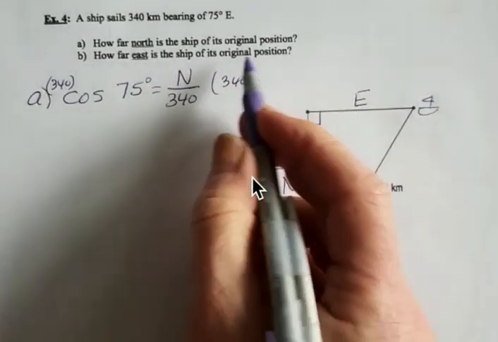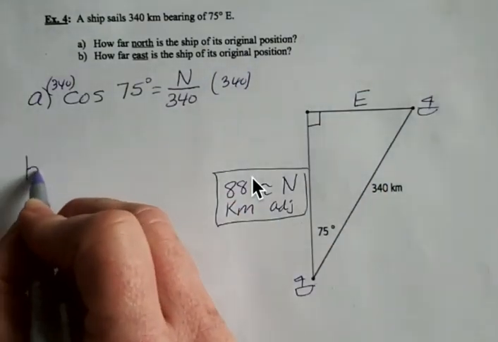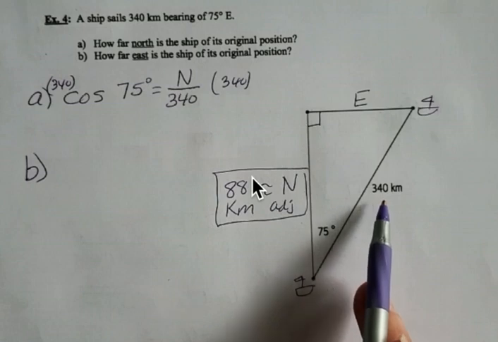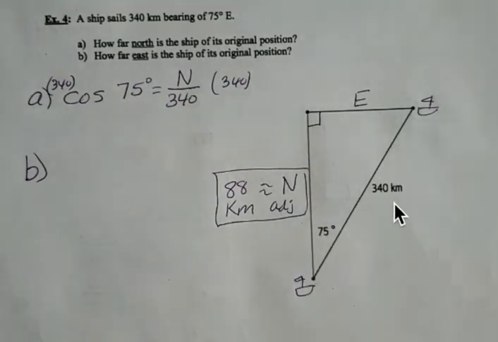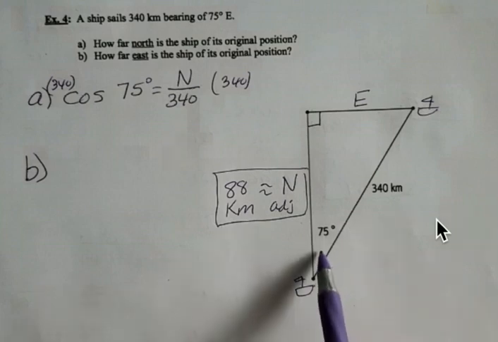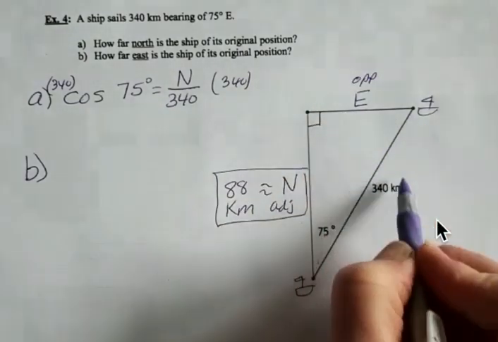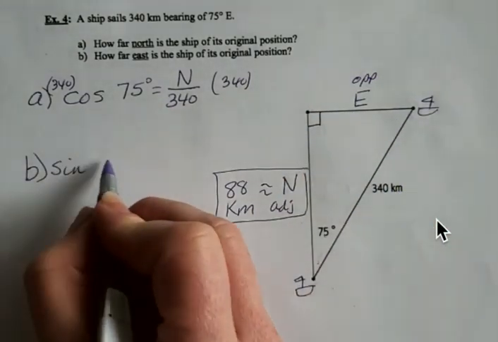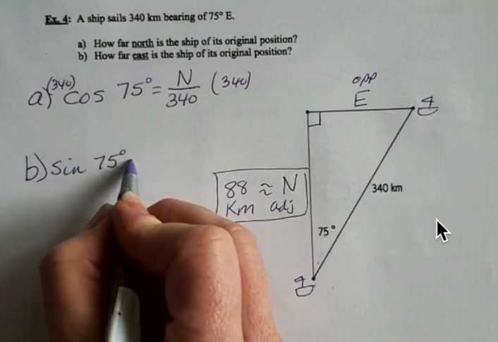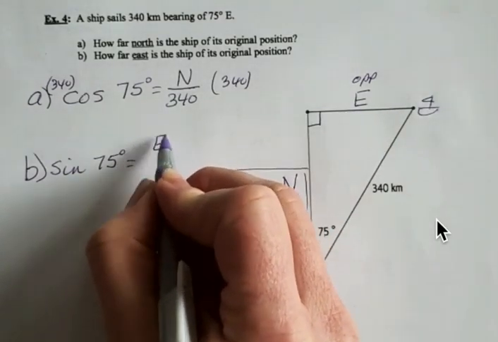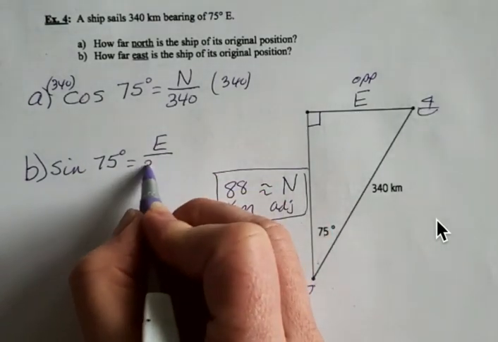And how far east is the ship of its original position? So actually, I have this length. If I wanted to use Pythagorean theorem, I definitely could. But just as a little bit of practice, I'm going to use a sine ratio. Sine of this angle measure is opposite leg over hypotenuse. So the sine of 75 degrees is going to give me opposite, which I don't know yet, over hypotenuse, which I do know.